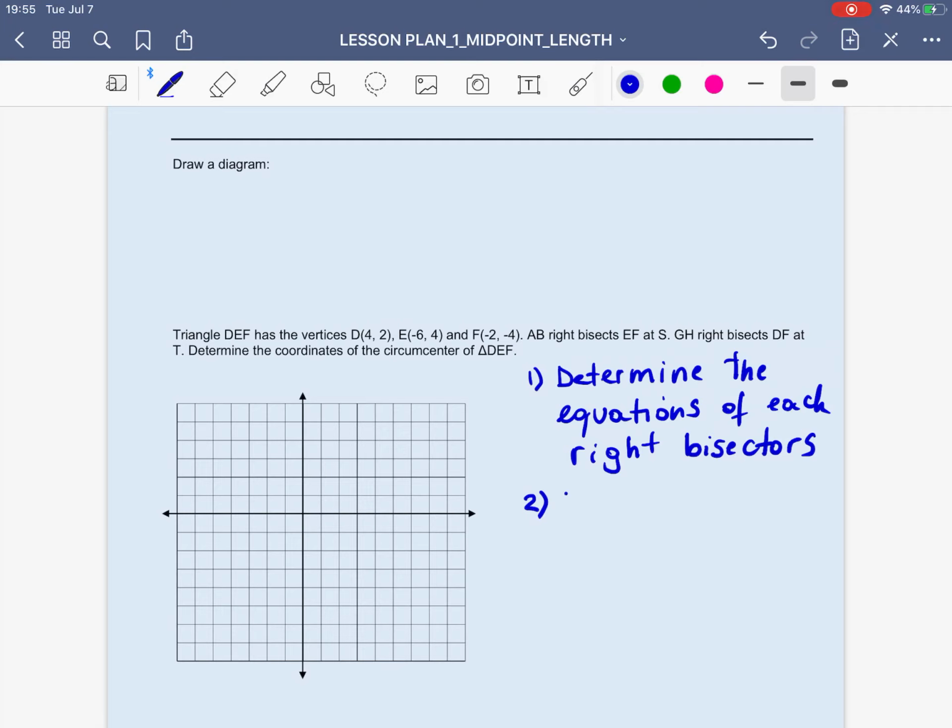So you're going to put those two equations together, and solve the system of the two equations of the right bisectors.